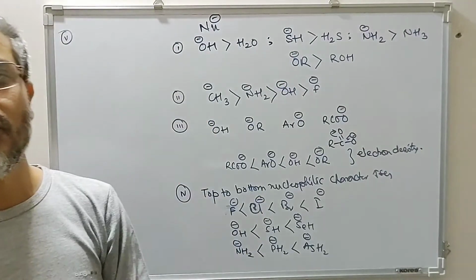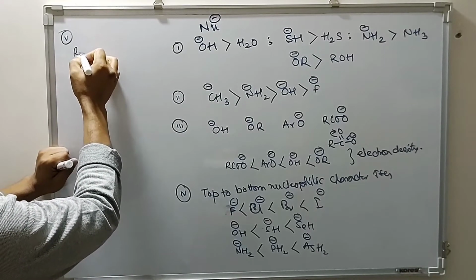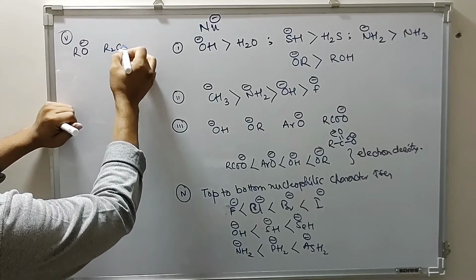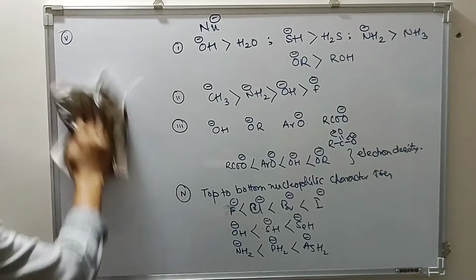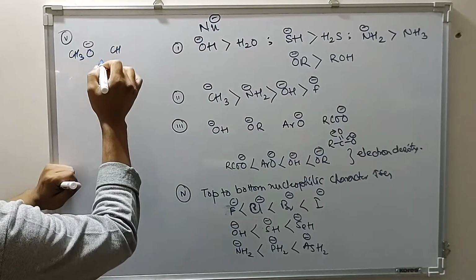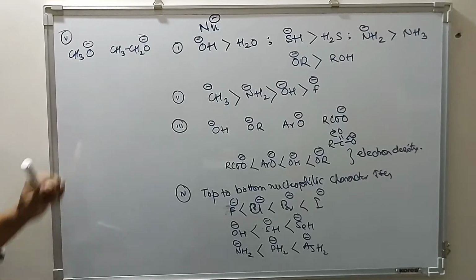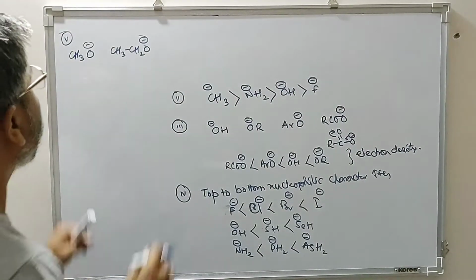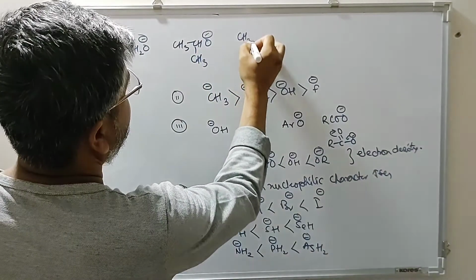So as the size of the nucleophile increases, nucleophilic character decreases. Look at this: RO minus, R2CO minus, or CH3O minus, CH3CH2O minus, and (CH3)2CHO minus, up to the tertiary butoxide.